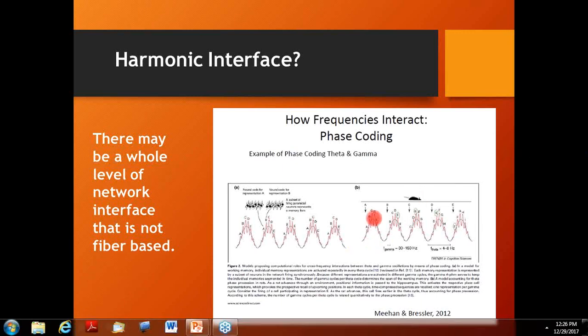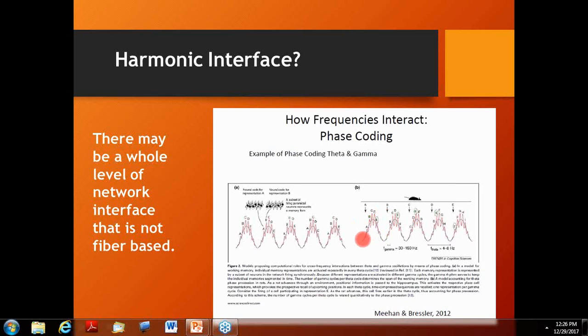What Buzsaki did is he watched theta waves and gamma waves as mice ran mazes, and he began to find that there was a neural code in which the theta and gamma waves worked together to identify how many steps the mouse would take, what happened at each location, and what it smelled, and it would all integrate that.